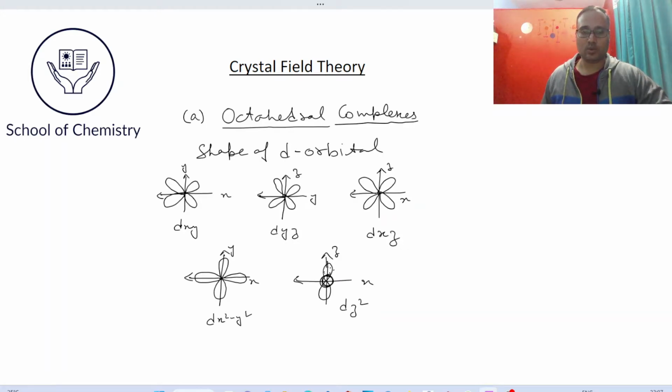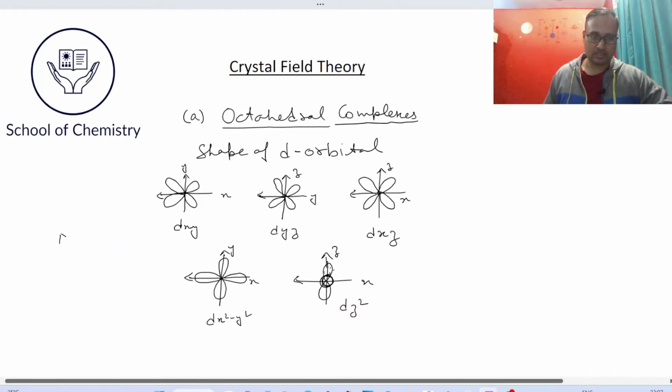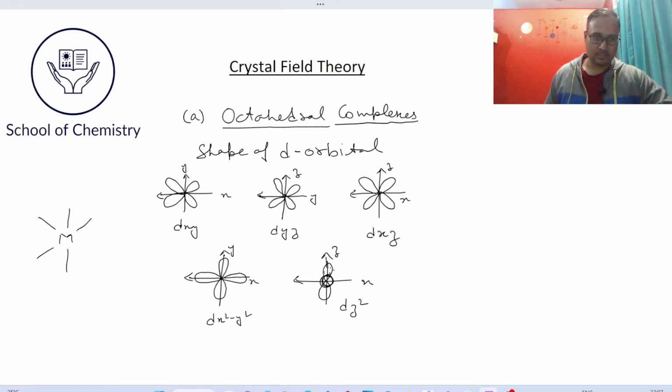Now, if you look at the structure of an octahedral complex, this is the metal atom, and to it six ligands are attached. The structure of this octahedral complex would appear something like this.